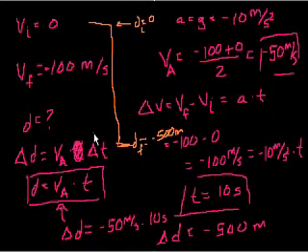If you jump off of something like that, assuming no air resistance, which is a big assumption, or let's say you were to drop a penny, because a penny has very little air resistance, if you were to drop a penny off the top of the Sears Tower or a building like that, at the bottom it will be going 100 meters per second, so extremely fast, and that's why you shouldn't be doing it, because that is fast enough to kill somebody. I don't want to give you any bad ideas if you're a bad person, but it's just interesting that physics allows you to solve these types of problems.